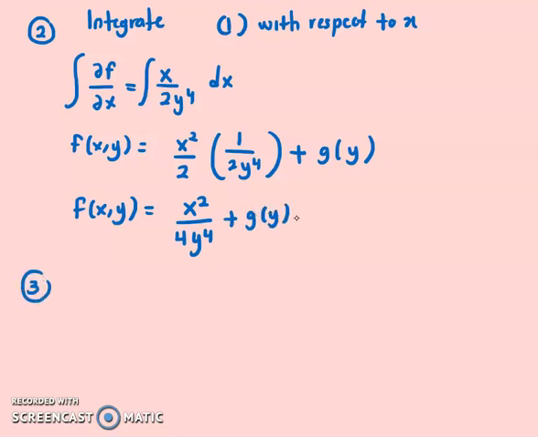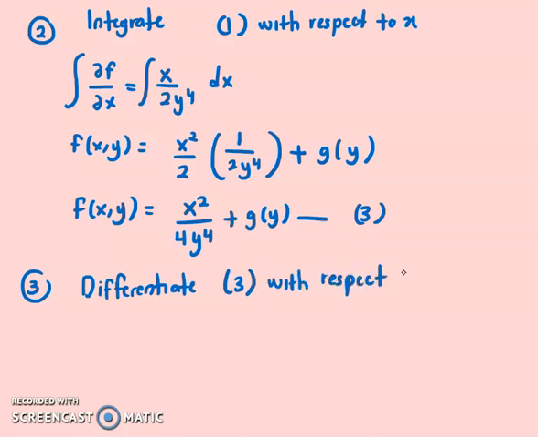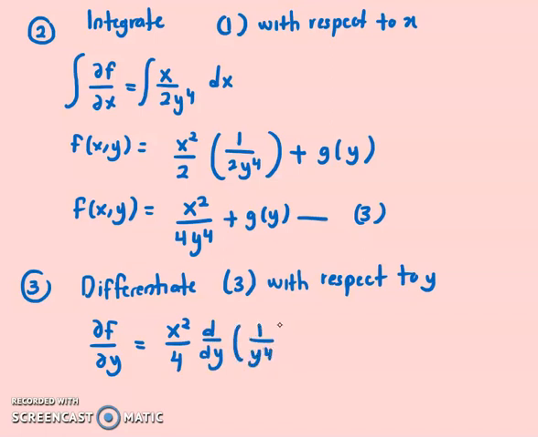Let's denote this as equation number 3. So step number 3 will be to differentiate equation 3 with respect to y. So we have partial f over partial y. Now differentiating with respect to y, this is the constant here. Now we want to differentiate 1 over y^4.